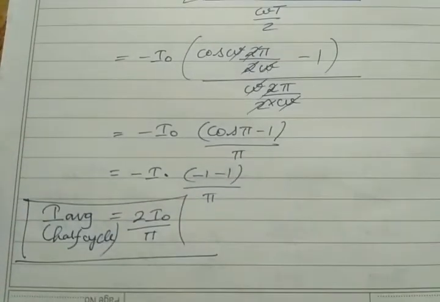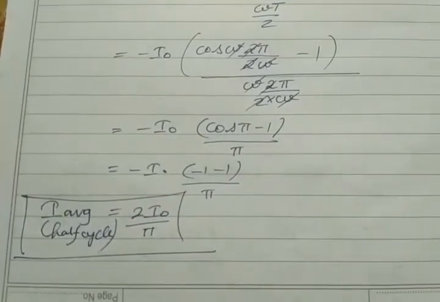Clear? Here we usually have one doubt: how to find the exact value for cos 180 or cos pi, 2 pi, 3 pi by 2, or cos 360, sin 360. We have some doubts like that. We know the value of sin 0 is 0, that is the value we frequently use. Sin 0 is 0 and cos 0 is 1.